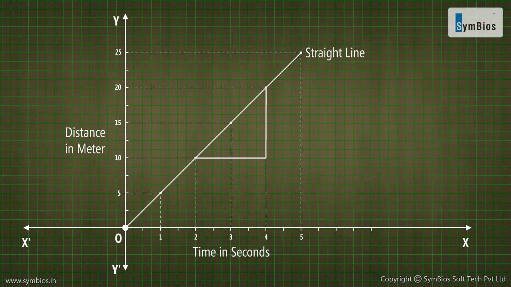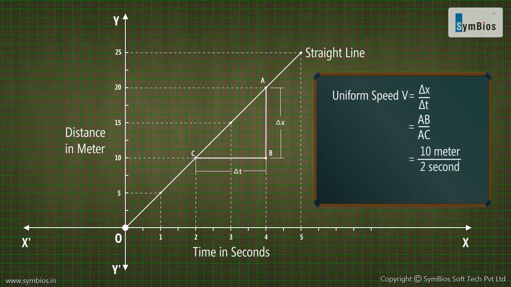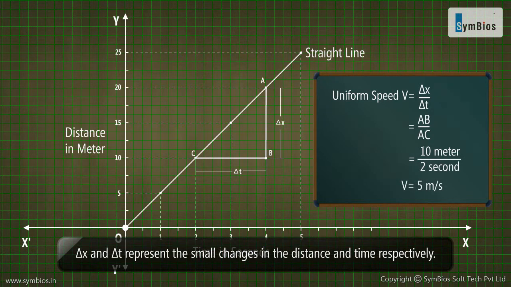Thus, the uniform speed of the body is v equals delta x by delta t equals AB by AC equals 10 meter per 2 second equals 5 meter per second, where delta x and delta t represent the small changes in the distance and time respectively.